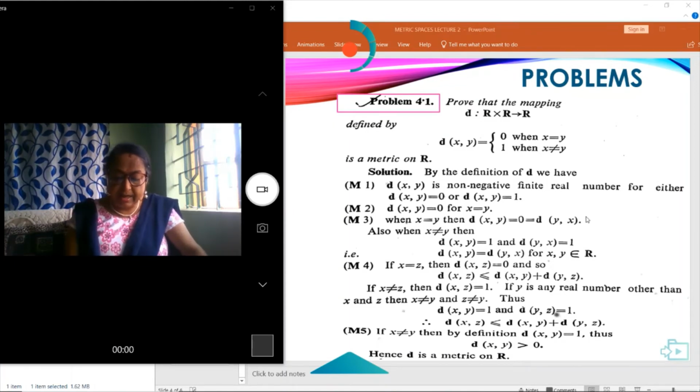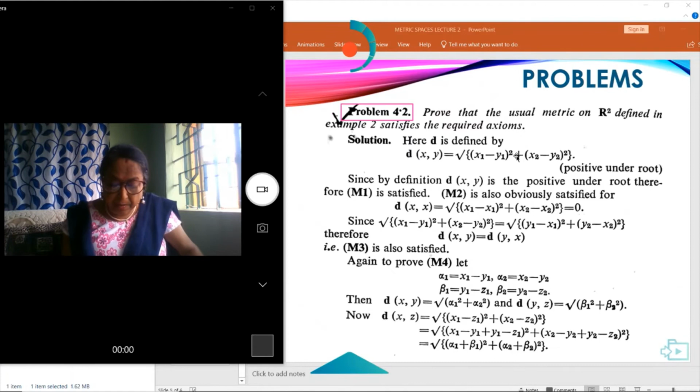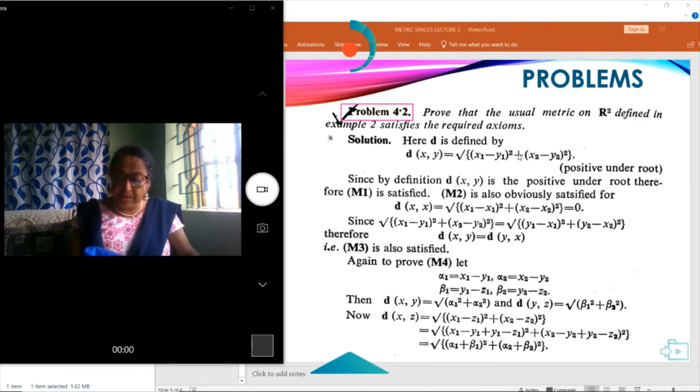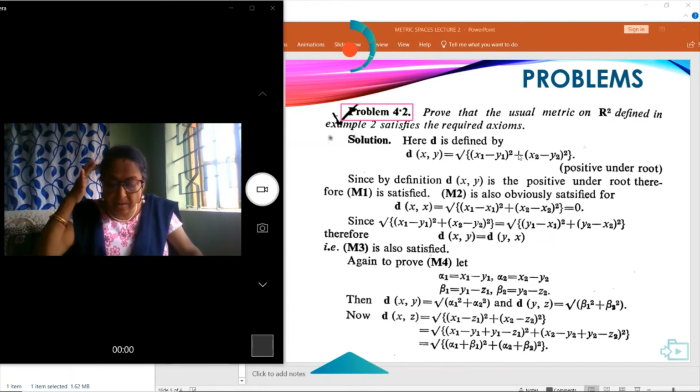Now, take another example. Prove that the usual metric on R square defined in example 2 satisfies the required axioms. Here d is defined by d(x, y) equal to the square root of (x1 minus y1) whole square plus (x2 minus y2) whole square.